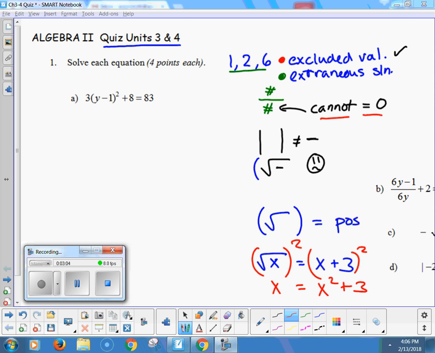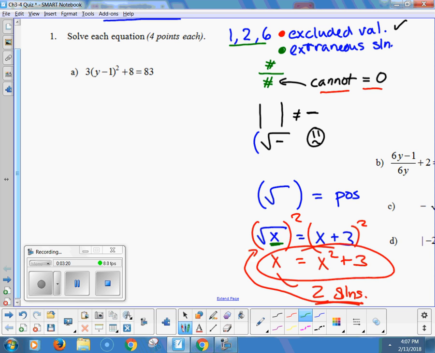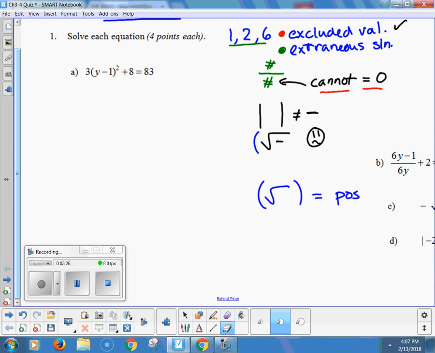Well, this isn't going to be a great answer, but if I were to solve this problem, I'm going to have 2 solutions. And whenever you do this, you should check to make sure that both of your solutions actually make this equation true, because maybe one of your solutions is negative, and we can't have a negative inside a square root. So these are just 3 trouble spots: whenever you see fractions, absolute values, and square roots.